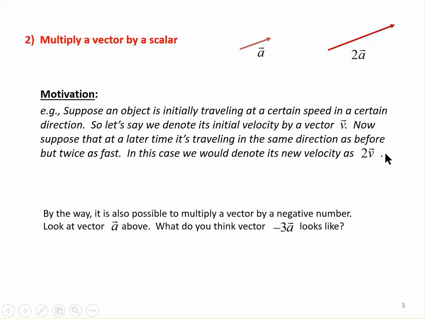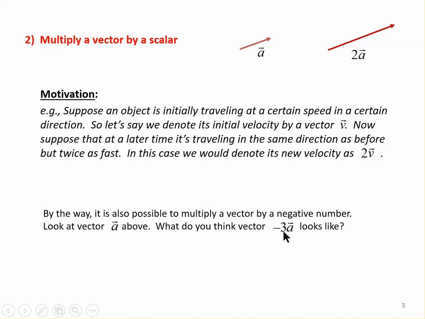By the way, you can also multiply a vector not only by 2 or 3 or 16, but any number, including negative numbers. So I can take a vector, let's call it A, and multiply it by -3, for example. And what do you think that might look like?